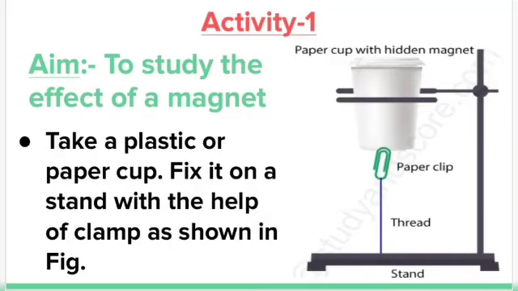Activity number 1: the aim of this activity is to study the effect of a magnet. For doing this activity, take a plastic or paper cup and fix it on a stand with the help of a clamp as shown in the figure.